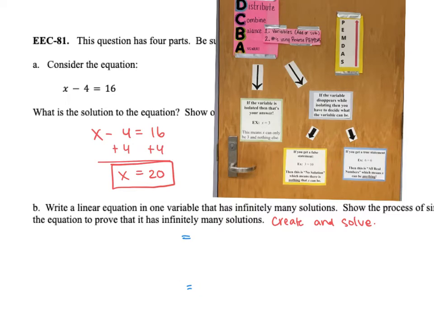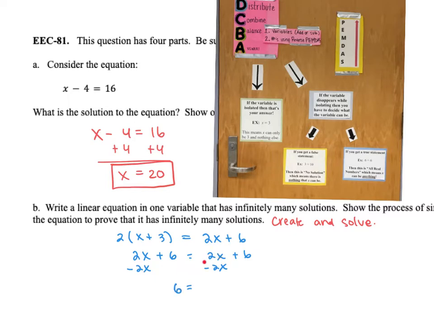So maybe I have 2 times x plus 3. And so now if I distribute that, I would get 2x plus 6. And on this side, if I have 2x plus 6 right away, well then what's going to happen is when I balance my variables, by minusing them from both sides, 2x minus 2x is 0 and it's gone, leaving me with just a 6 on the left.